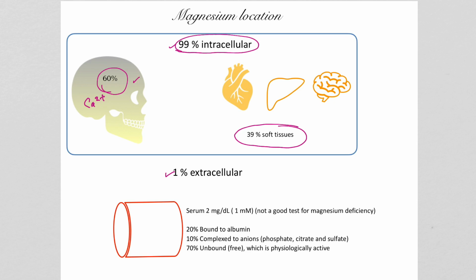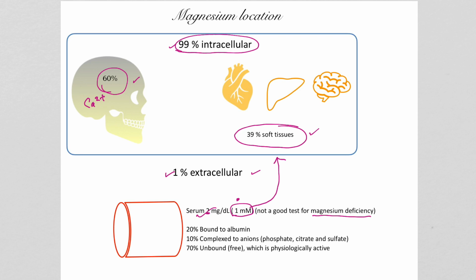So 60% here and about 39% here. Outside cells is about 1%. Serum has, as I mentioned, about 1 millimolar. So your serum has a very, very small amount of magnesium. Therefore, the serum magnesium is not really a good indicator of how much magnesium you have. If you have a magnesium deficiency, just doing a serum magnesium may not give you a very accurate value of what you're seeing.